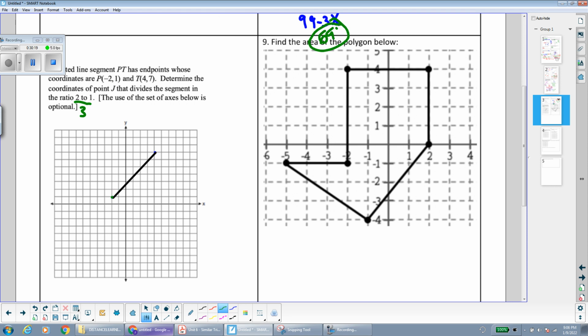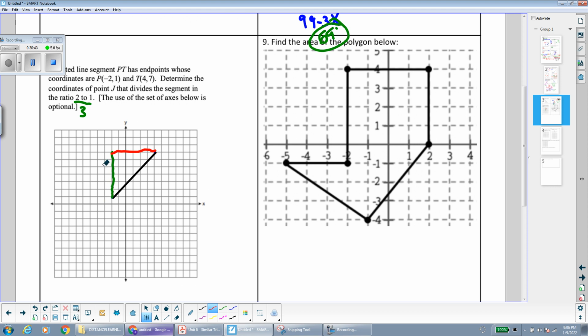I'm going to count the boxes up and to the right so that I can see what the change in x is, that would be left to right, and what the change in y is, that would be vertical, from one endpoint to the other.